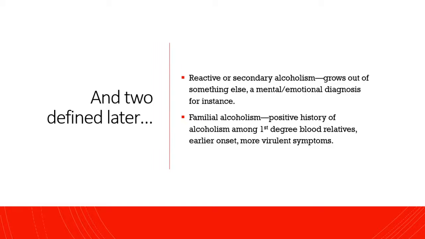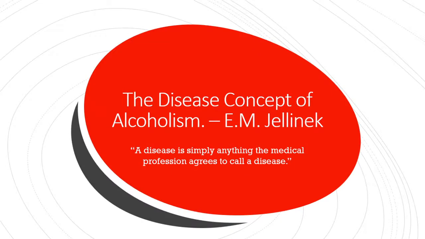It has an earlier onset. Usually people who have familial alcoholism start drinking when they're 10, 11, 12 years old, around in there, and it has more virulent symptoms. The disease progresses faster in these individuals than it does in people who don't have that family history.